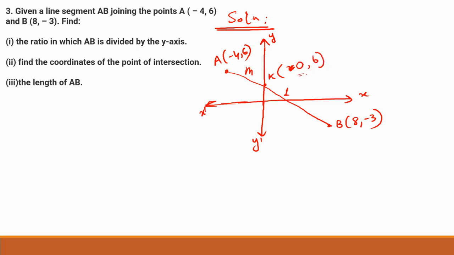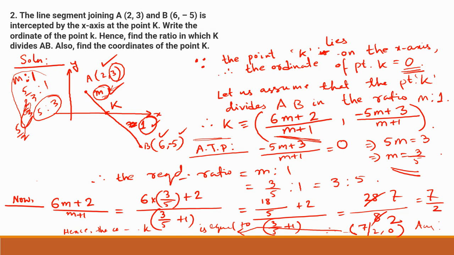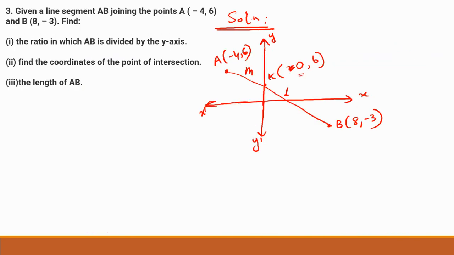Why is the x-coordinate 0? Because it lies on the y-axis. So just write those statements which I showed in the previous problem. Now, since the point K lies on the y-axis, this time we will write, since point K lies on the y-axis, not the x-axis, therefore the abscissa of the point K equals 0, right? So like that, frame the solution.